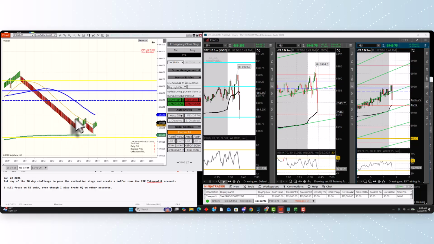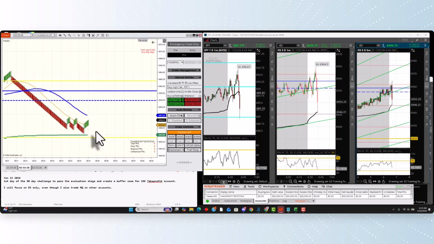So earlier I said I like to see the market come down here, and that's what it's doing right now. I like to see a double bottom with divergence for me to get in.